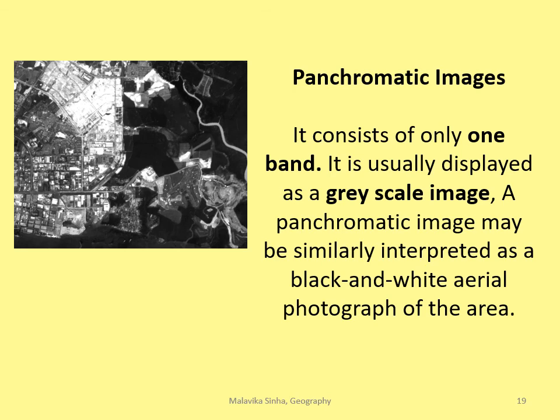Within the variation of grayscale, 0 to 256, that is the bit system, an 8-bit system, we can identify objects within the variation of black and white. That's why it is called grayscale.